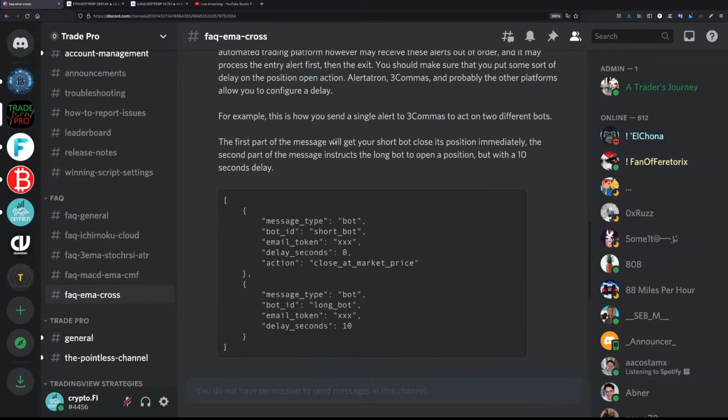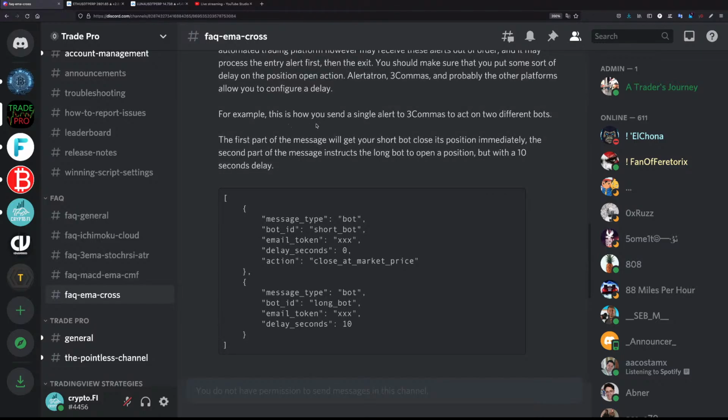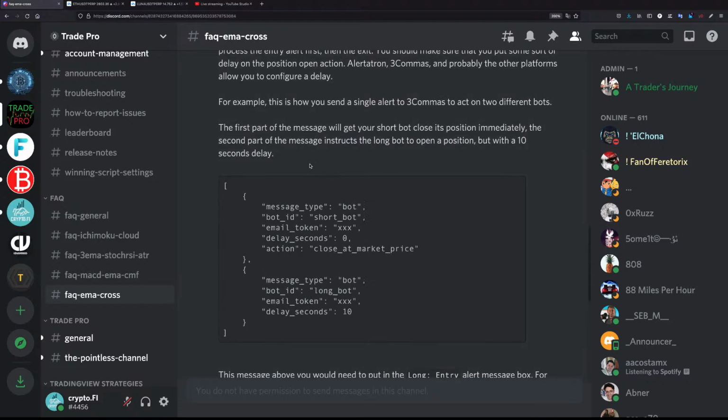And yeah, let's see. For example, this is how you send a single alert to act on 2 different bots. The first part of the message will get your short bot to close its position immediately. The second part of the message instructs the long bot to open a position, but with a 10 seconds delay. You can do the same with Alertatron.